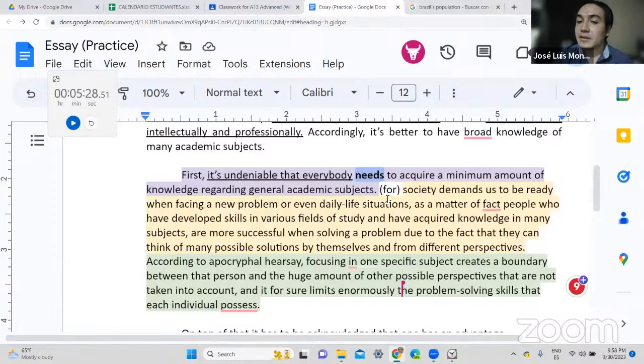Now, here you have, yes, it can be a period, but you need to look then for a way to replace the word for. So what do you think it was the function of for in this case? We needed a punctuation mark, but we can use for with a different punctuation mark.